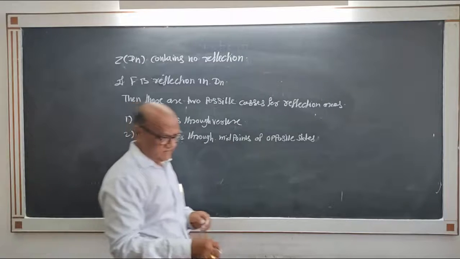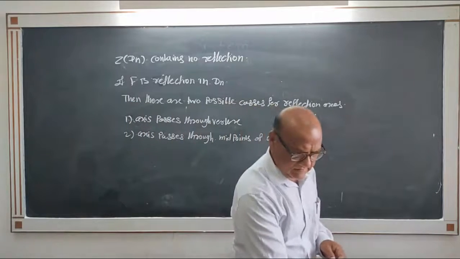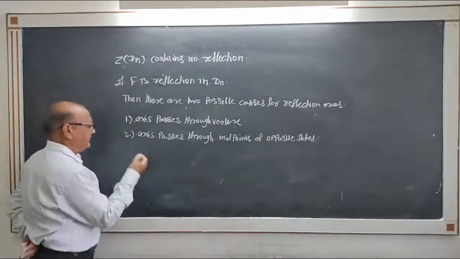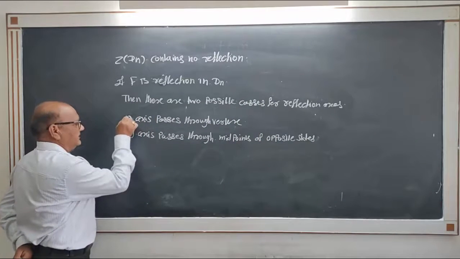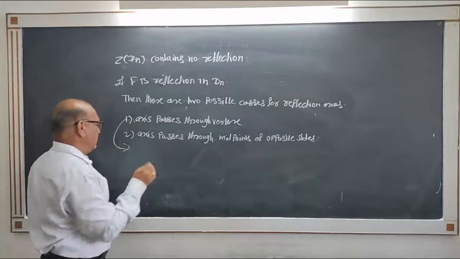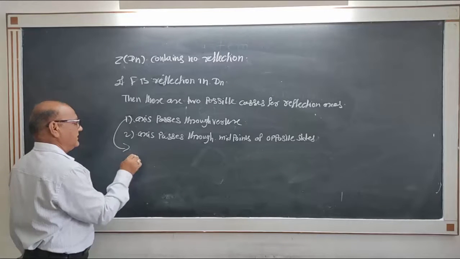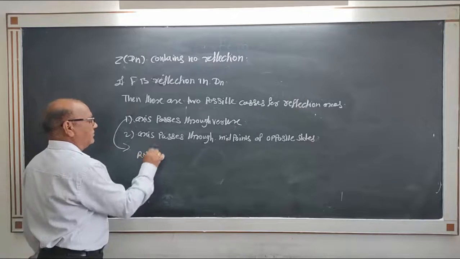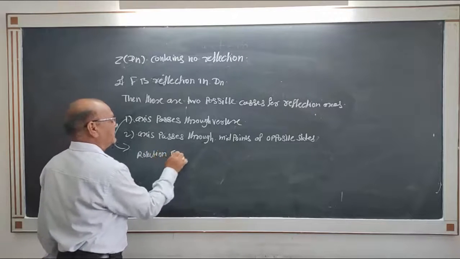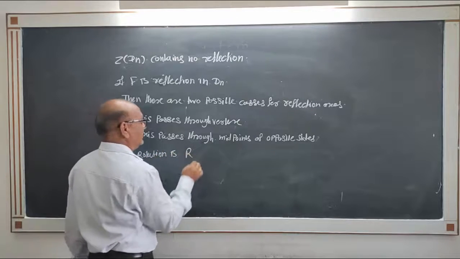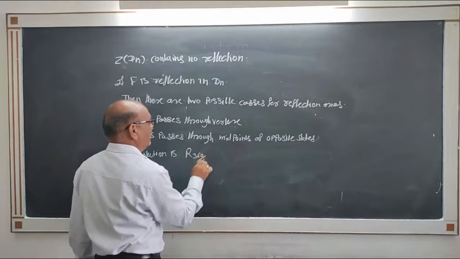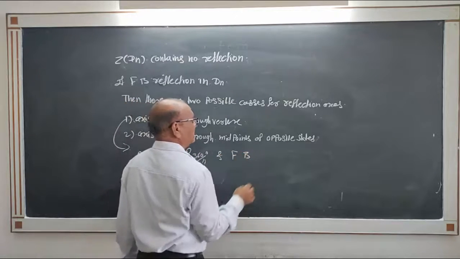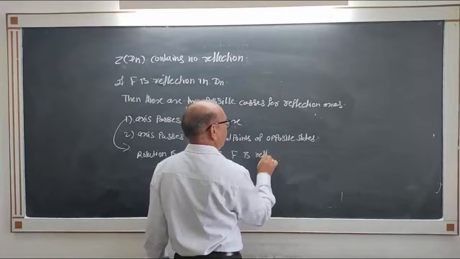If you take the first case, here the rotation is R 360 by n degree and F is a reflection.